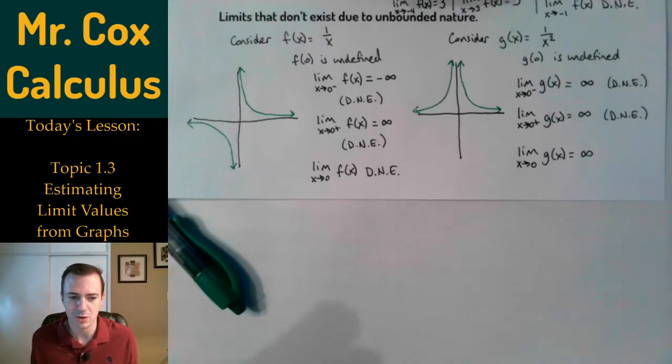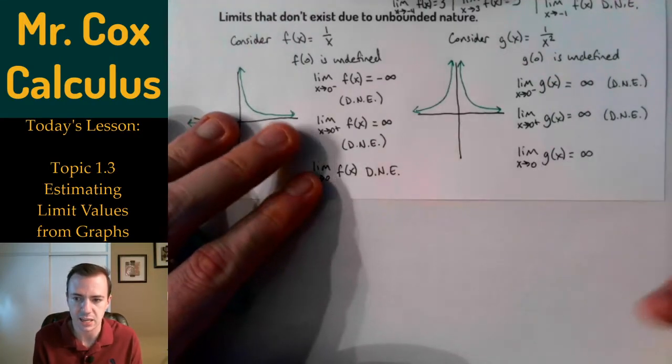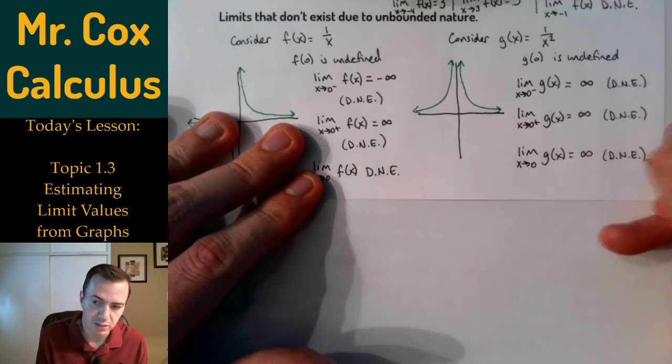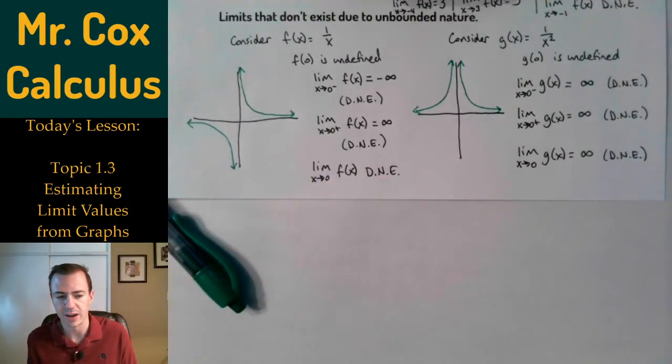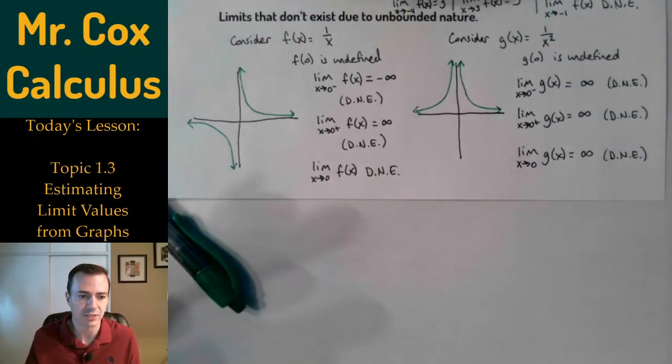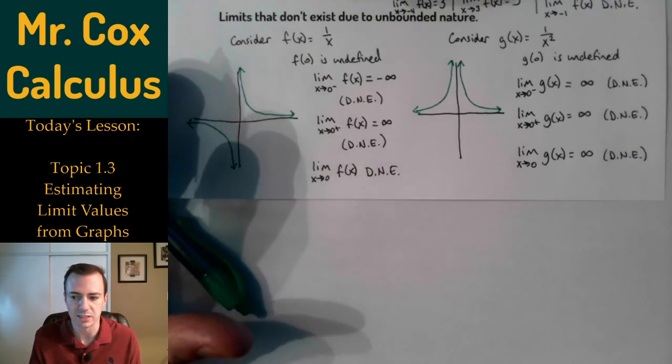Remember what our limit notation means. That's what we're saying here. And again, this does imply that the limit does not exist because it's not a finite number, but we can use infinity, plus or minus, to describe the behavior of certain graphs, and we can use one-sided limits as part of that as well.